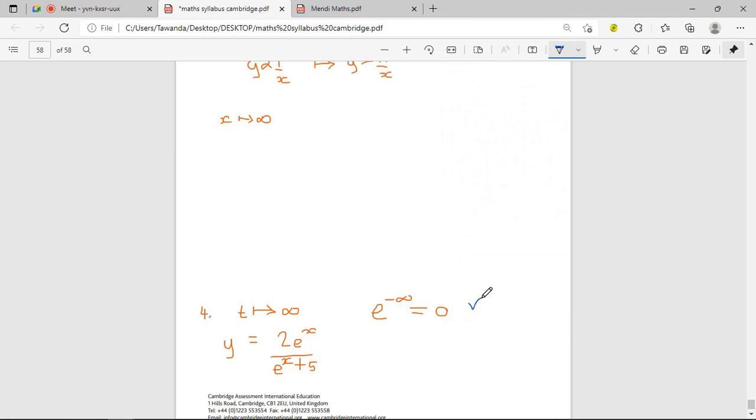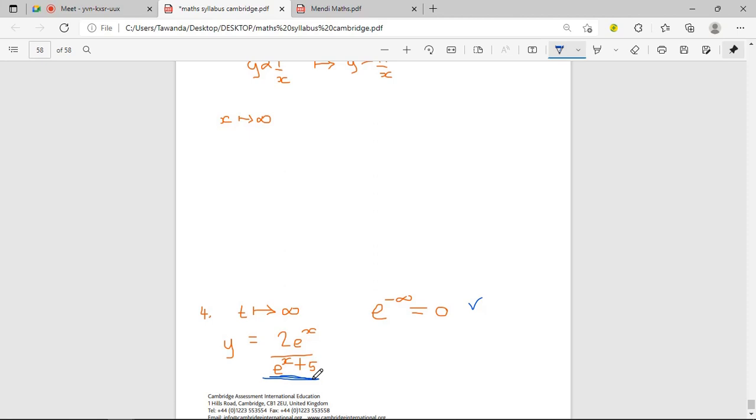Yes. But as you can see here, do we have a negative power for the exponential? No, we don't. So you have to simplify that expression until you have a negative power for the exponential. You can divide each term by e to the power of x.